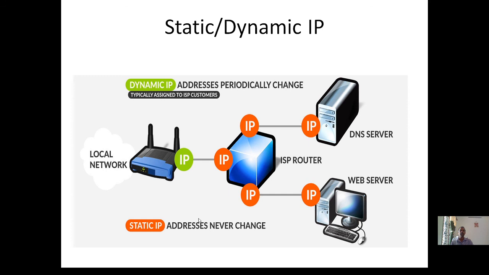A server has an address which is a static IP address. A web server has a static IP address. Then the internet service provider has a static IP address. And our local network has a dynamic IP address.